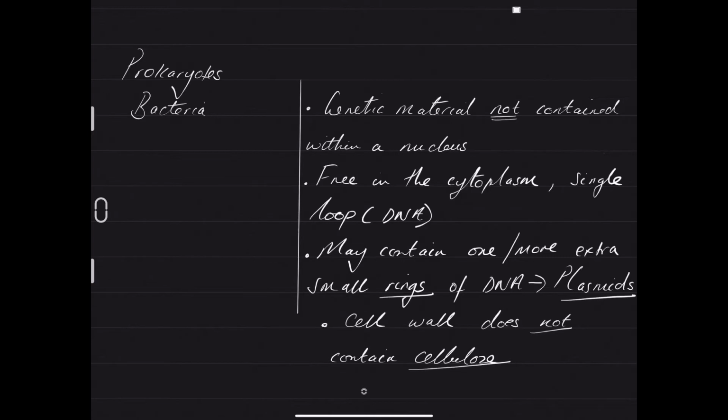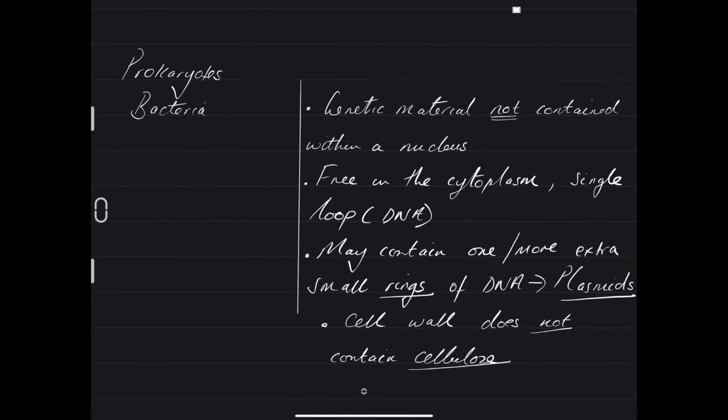However, it is a photosynthetic organism, because not all photosynthesizing cells are plant-based. So you should be aware of that. And that's why I'm giving you this statement here. Prokaryotic cells or prokaryotes have a cell wall, but the cell wall does not contain cellulose.